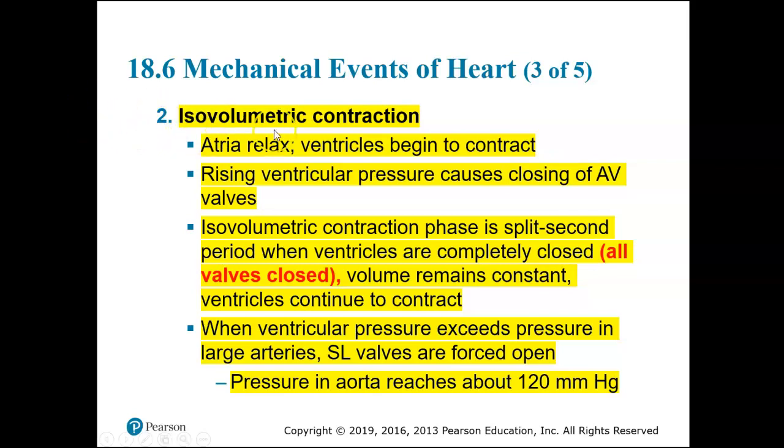Anytime you have isovolumetric, all the valves are closed. That means the AV valves and the semilunar valves are closed, and it doesn't last long. During this isovolumetric contraction, the ventricles begin to contract, but it's right before they actually push the semilunar valves open so that the blood can flow into the major arteries, the aorta and the pulmonary trunk.